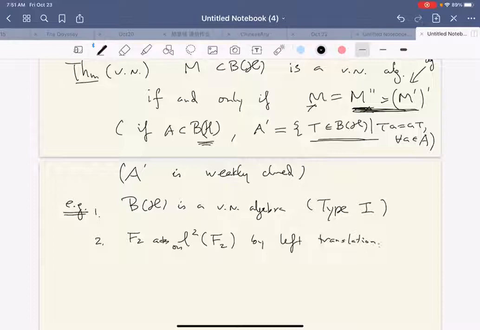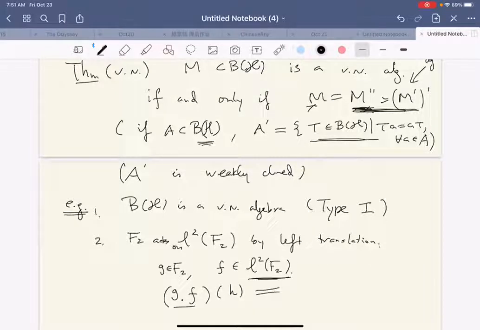Let me define this. Let's say I have a G in F2, and F in L2 of F2. I want to define an action of G on F. I'm supposed to get an element also in L2, so G acting on F is supposed to be a sequence on F2. So I just have to tell you what the sequence is.